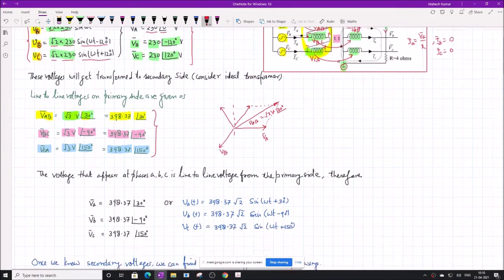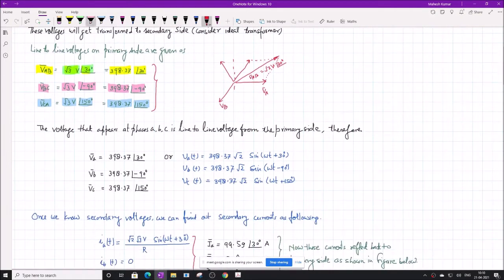So actually this voltage is V_AB, therefore V_a equal to V_AB. On the secondary side, the phase voltage will be the same, V_a equal to V_AB. If you want, you can write it in phasor domain. So I can put it this way to make it more clear. What I am saying is this.